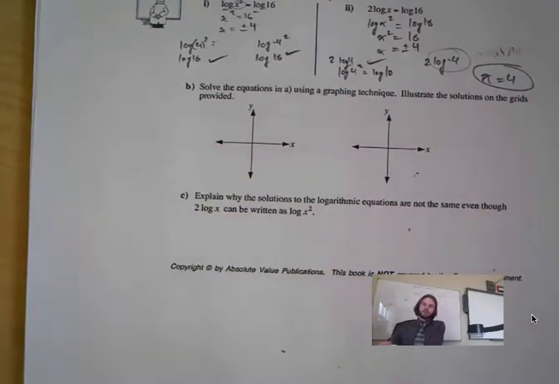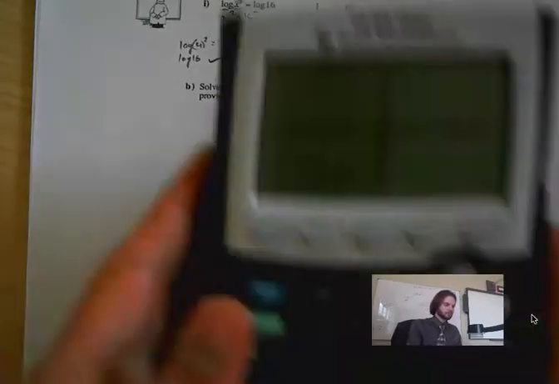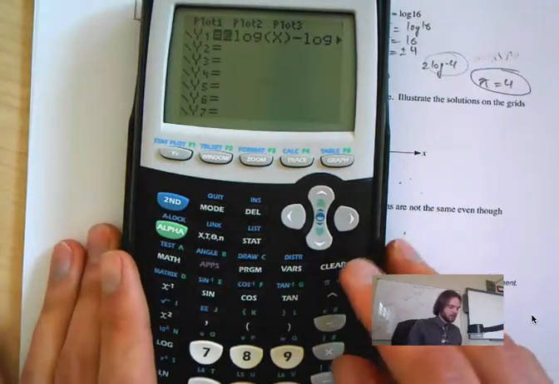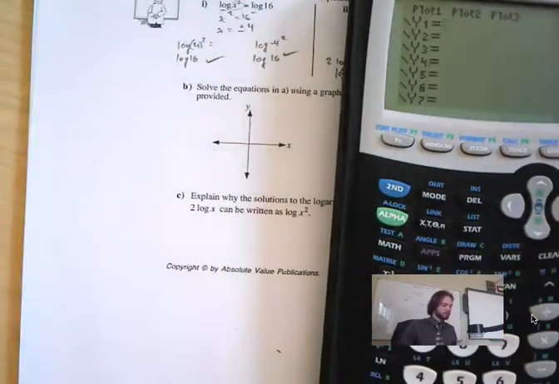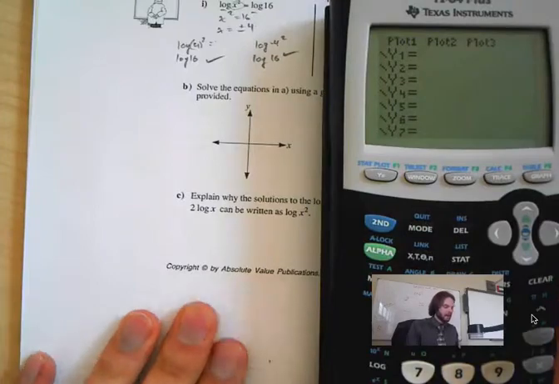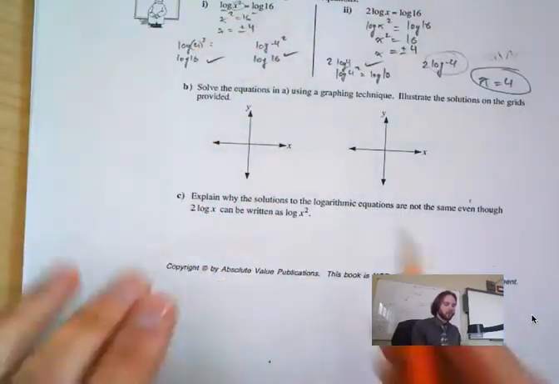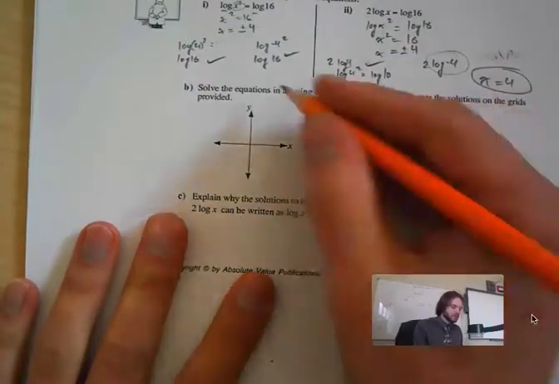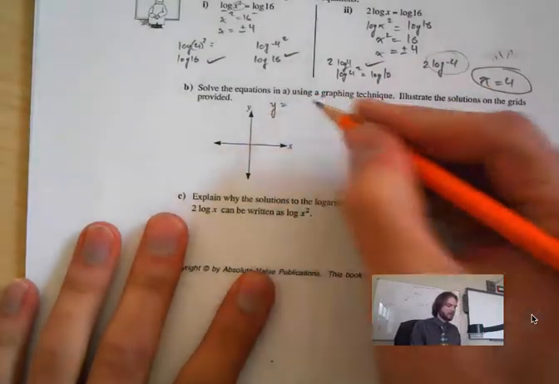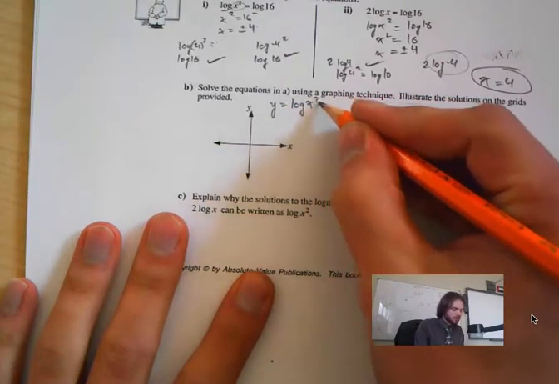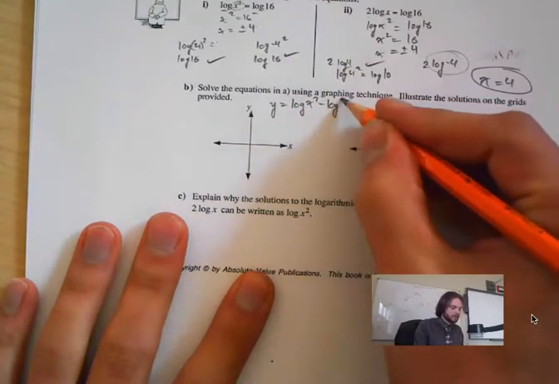So I'm going to grab my graphing calculator and plug this into each one. There we go. I'm going to clear this and plug it in. But if I want to find the zeros, I'm going to go y is equal to log x squared subtract log 16.